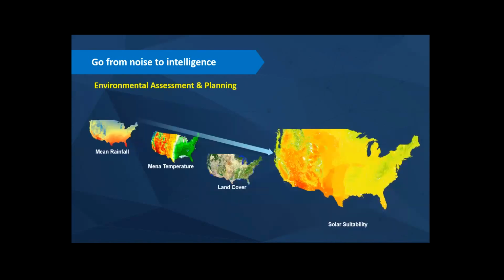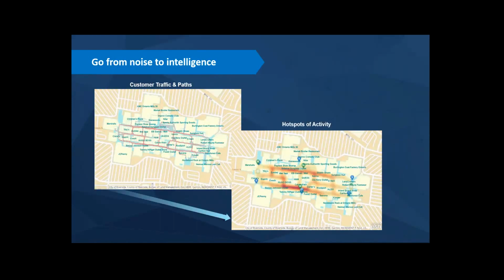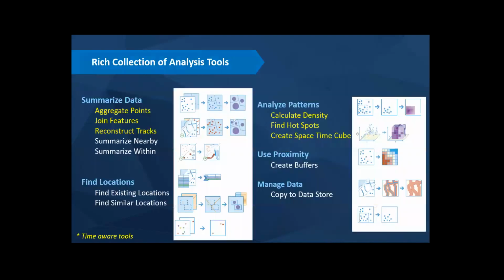Or it could be in environmental assessment and planning, where you could be collecting census information to identify, for instance, heat islands for green infrastructure planning, or determining solar suitability based on mean rainfall, temperature, land cover, and elevation variables for extensive areas. Or it could be in commercial sectors, where you could use the patterns and trends for footfall traffic or crowd monitoring.